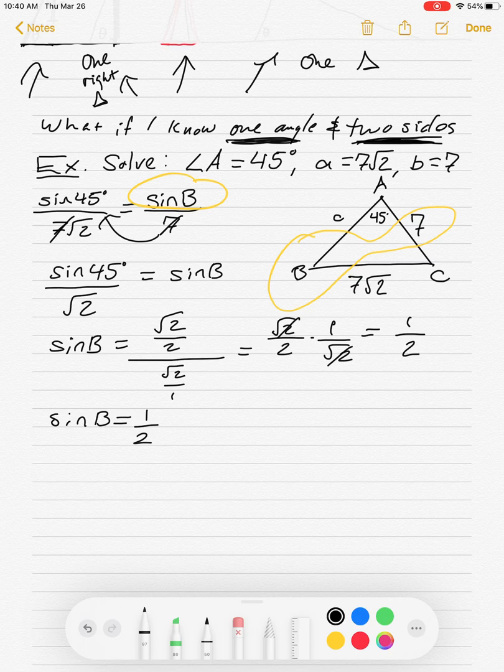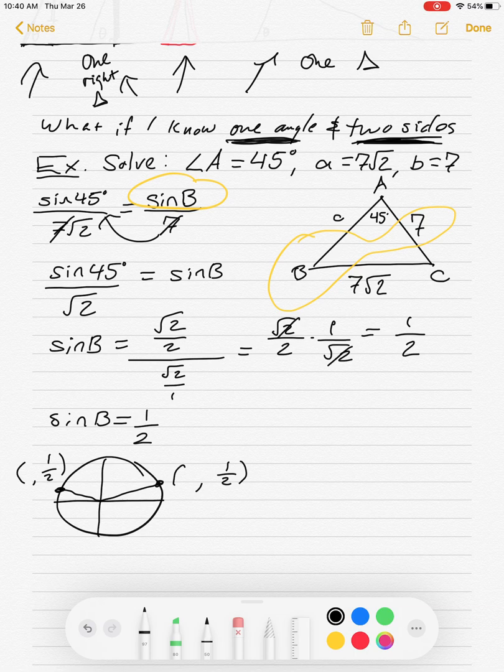So this is where things get a little bit more interesting because if you think about the unit circle, say, it's a terrible unit circle, but in any case, you see there would be 2 places on the unit circle where the sine of the angle would be 1/2, right? So my first possibility for the angle B would be 30 degrees.